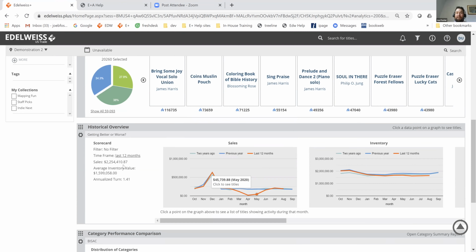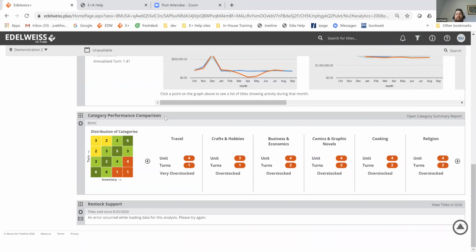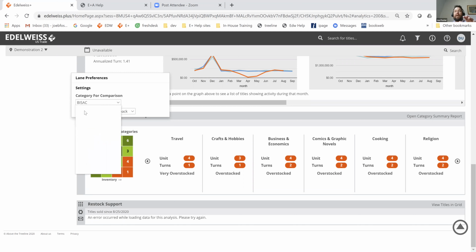And again, I talked about the category performance comparison being my favorite graph, and that's this funky looking guy. The reason I like it is because you can look very deeply into your inventory. Specifically, if you're using BISAC, you have the option of using BISAC, point of sale categories, age, that sort of thing.